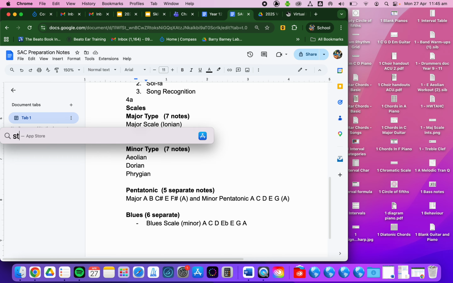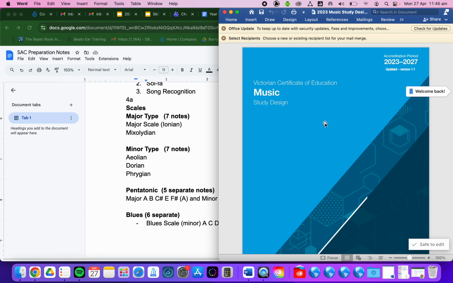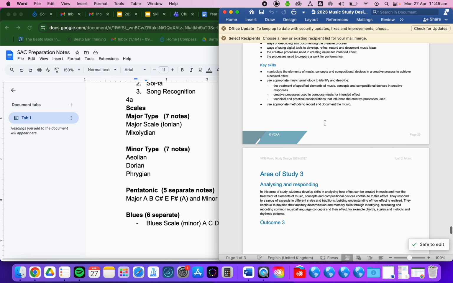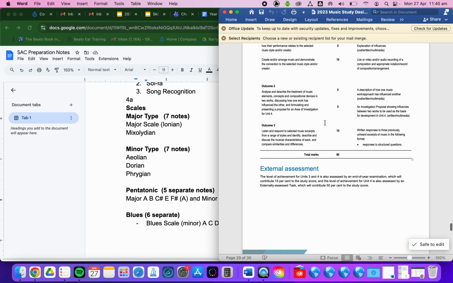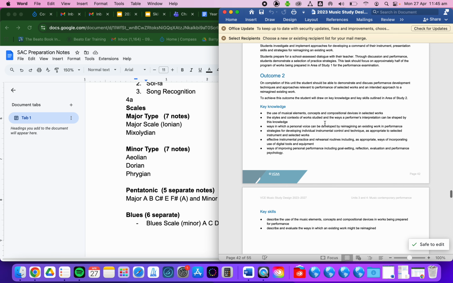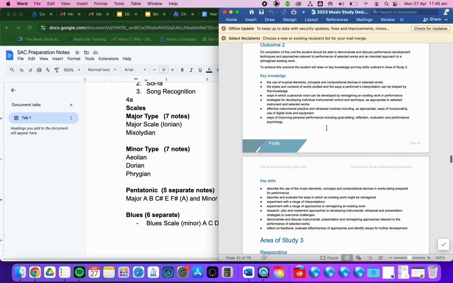Why don't we go to the study design? If you're ever unsure, track down the study design, I say. So we've got to go all the way down to our bit, which is the contemporary music. So just remember, if you're looking things up, make sure you're on the contemporary pages.